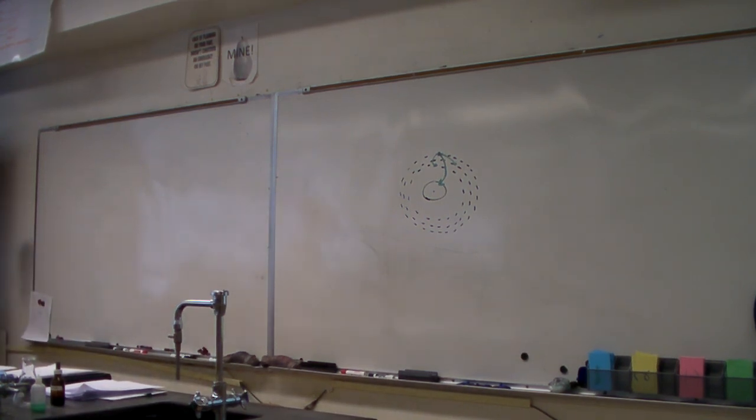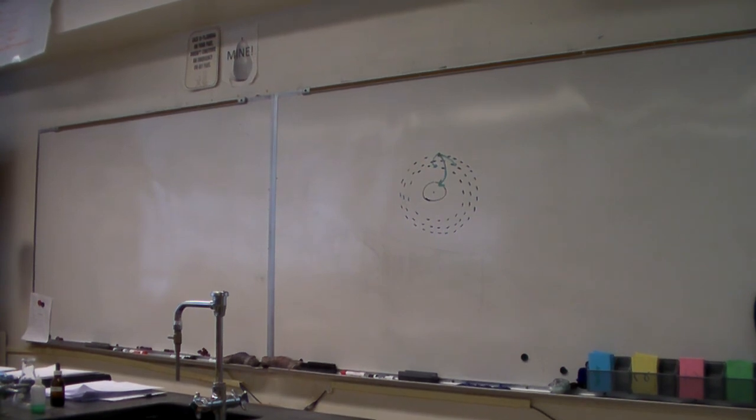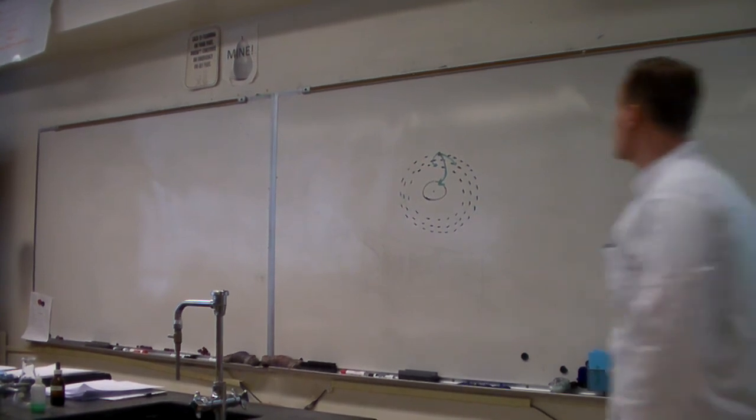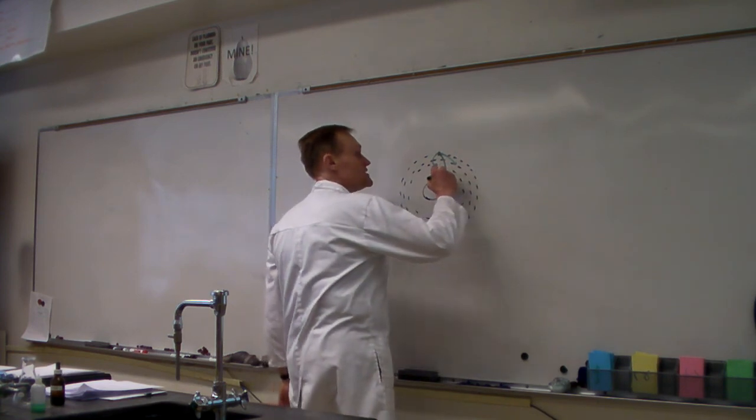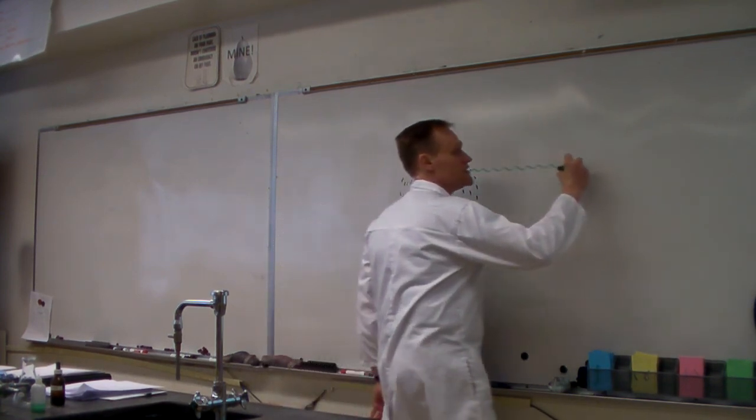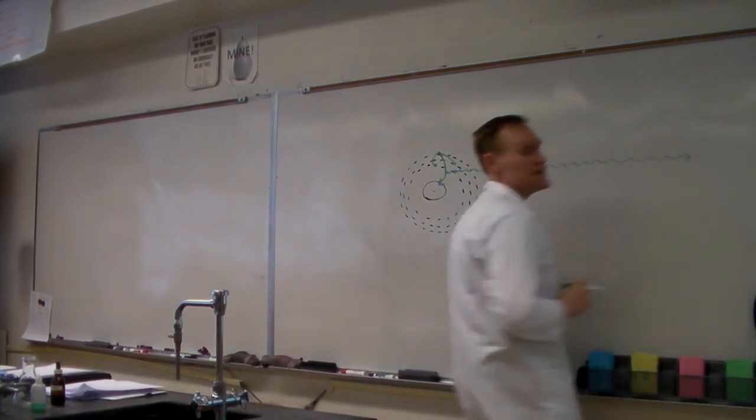Let's take a look. If we're talking about wavelength, the higher the energy, the smaller the wavelength. The higher the energy, the larger the frequency. So if we're talking about high energy, we end up with small wavelengths and high frequency. A high frequency would be something like this, and that would be the photon of light coming off.